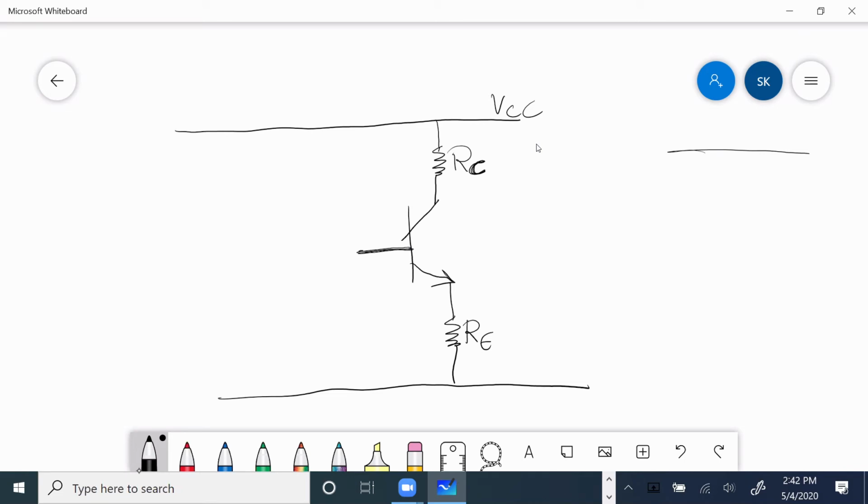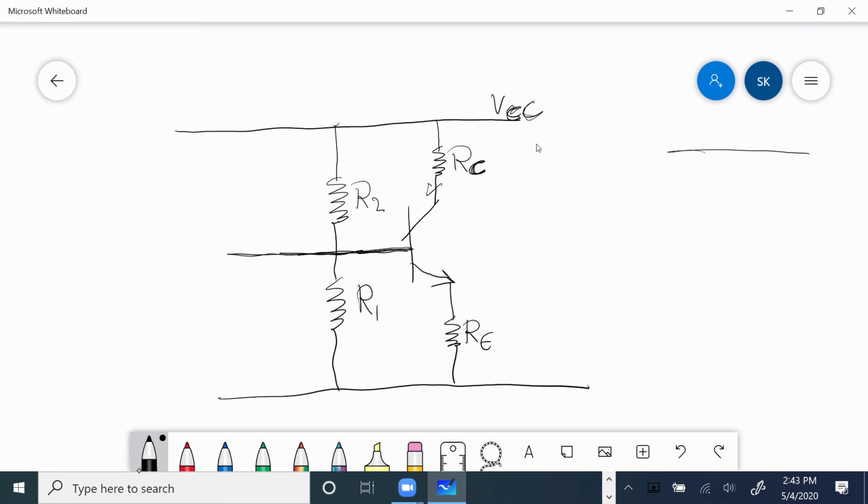And in order to use one battery, I can use two resistors here, like R1 and R2, in order to use just one battery, one VCC, to bias both.